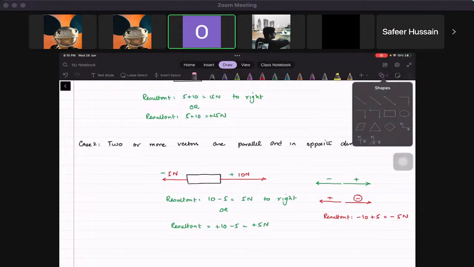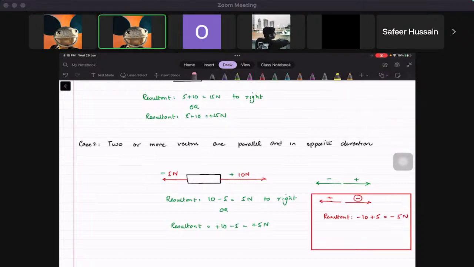So we can actually write here that signs only show the direction. You cannot say negative 10 is a smaller number than positive 5, because in vectors that's not the rule. In scalars we say that, but not in vectors. Okay, now let's go forward.